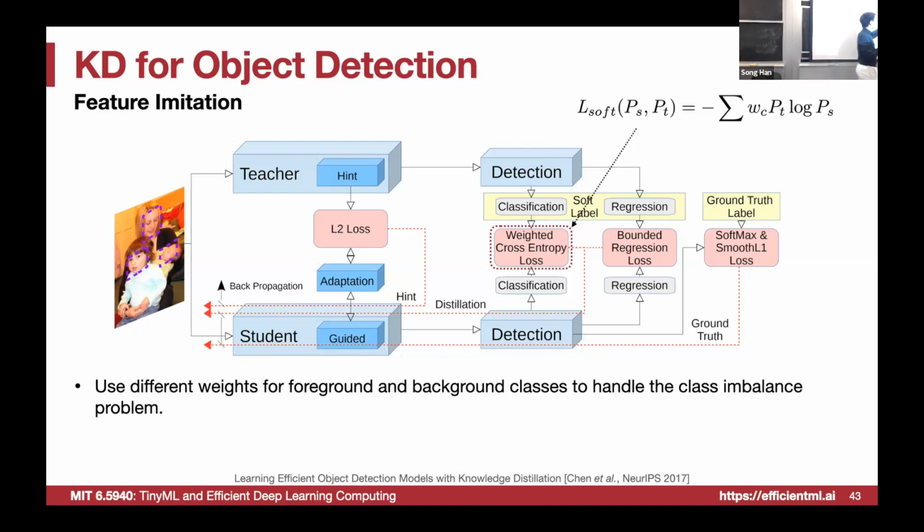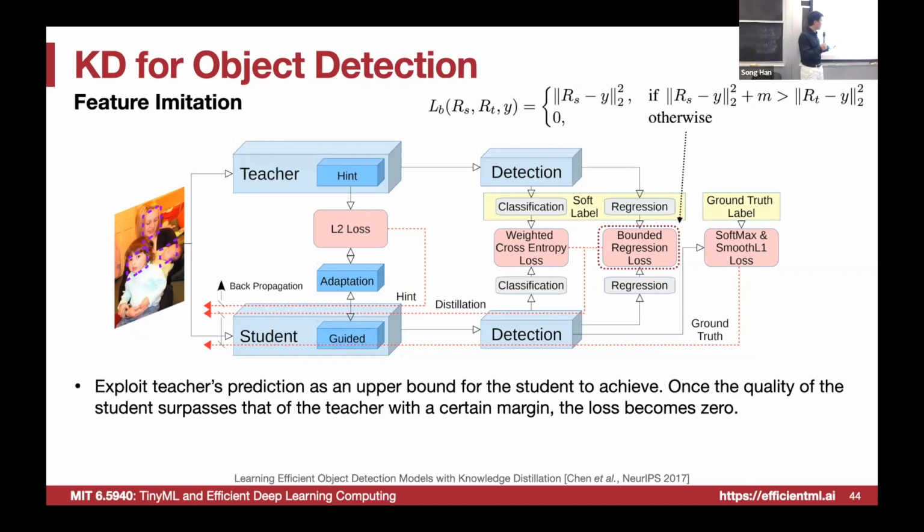Here we use a weighted cross-entropy loss. There is a WC over there. Why do we need that? Because we want to use different weight for the foreground and also background classes. Maybe the foreground is more important, background is less important, to handle this class imbalance problem. Since there might be a lot of rivers or trees, but very few cats and dogs, we want to make sure that it's balanced.